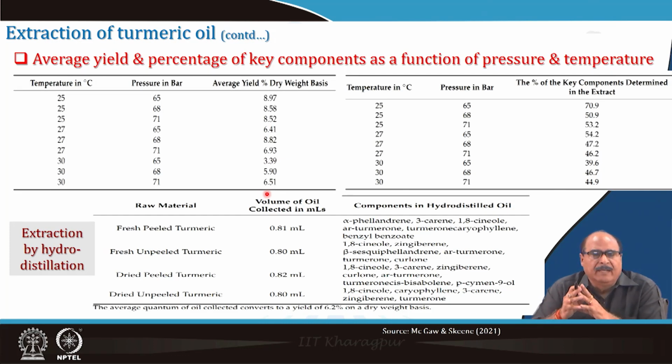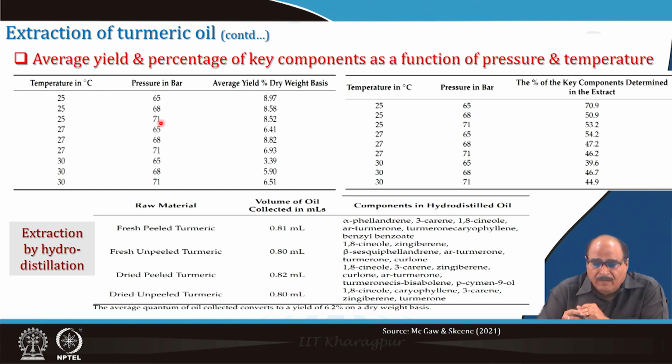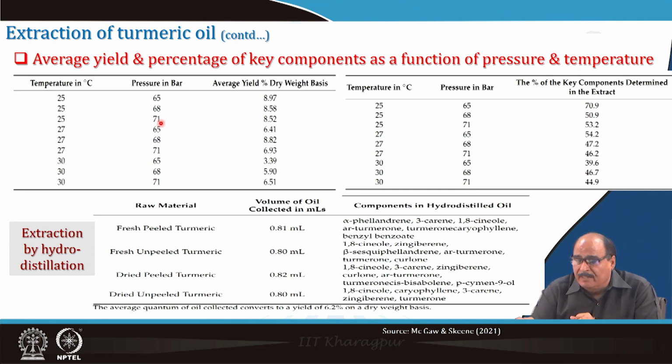Then here again the average yield and percentage of key components as a function of pressure and temperature. Okay. Three extraction temperatures are used, 25, 27 and 30, and for each extraction temperature at least 3 pressures, 65, 68 and 71, are used. And you can see the average yield on dry weight basis and the percent key component determined in the extract.